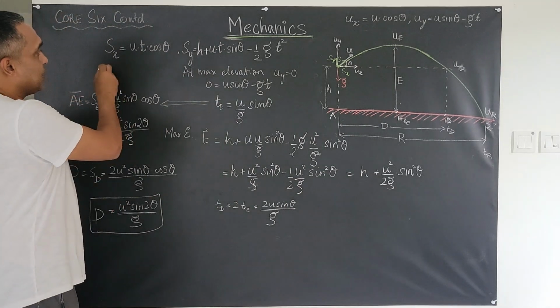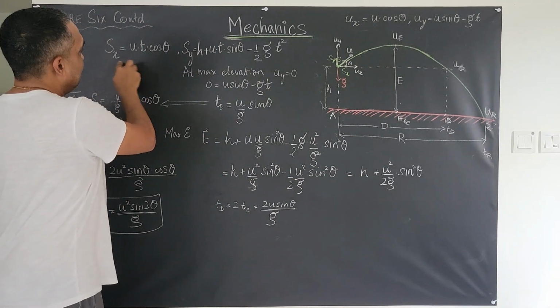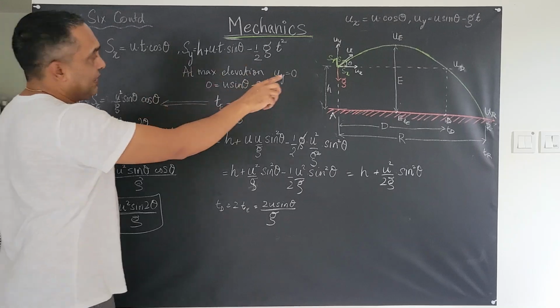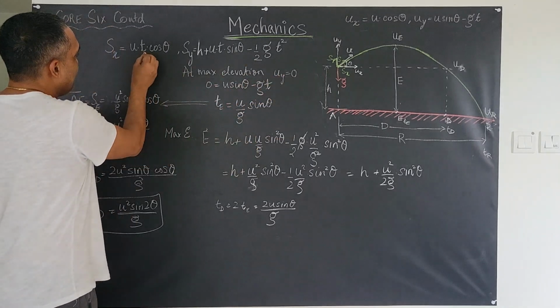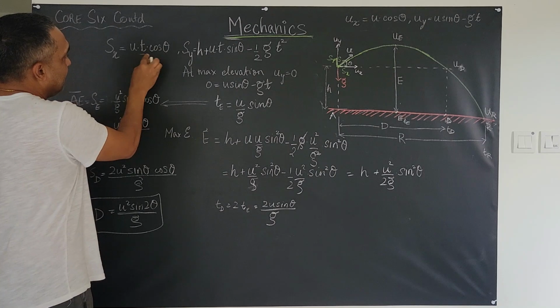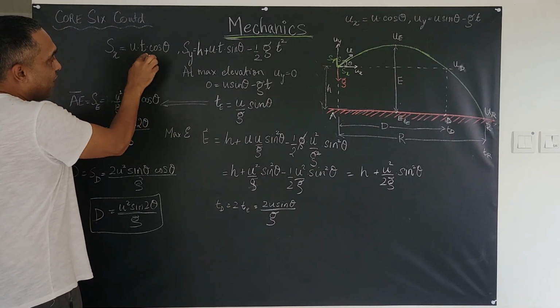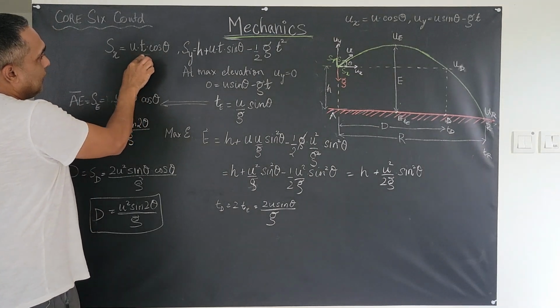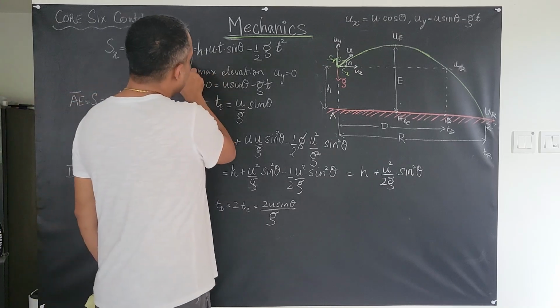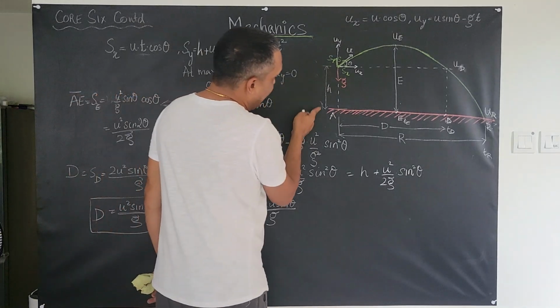My horizontal displacement component is there. There has not been anything happening there. The only issue is I don't know the time there. Well, how do you find time here? I can go back here because I know my vertical displacement is a negative h.